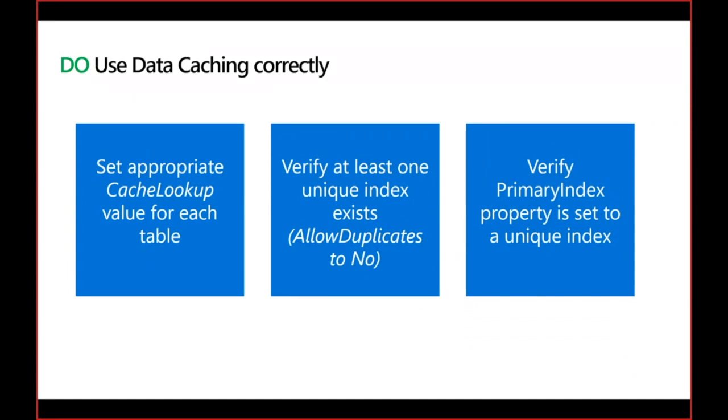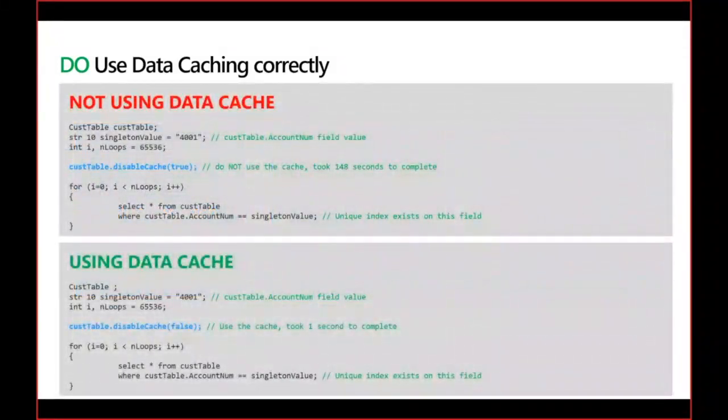The next thing, after you set up the cache lookup property, is to verify that at least one unique index exists, so one index with allow duplicates set to no. And then the primary index property has to be set to one of these unique indexes, or if there are multiple, at least to one of them. These are some settings that have to be done correctly at the development level in order for the caching to be used correctly.